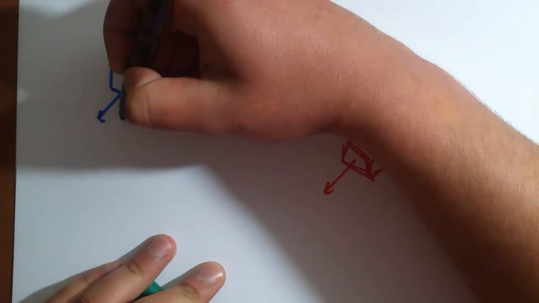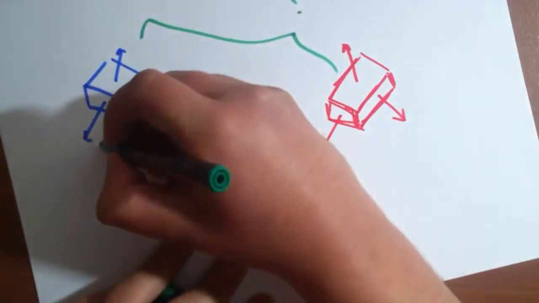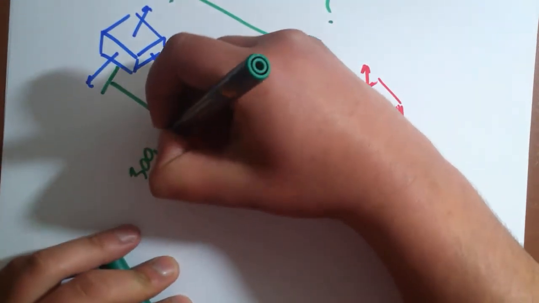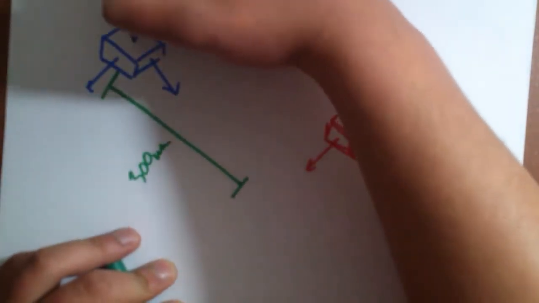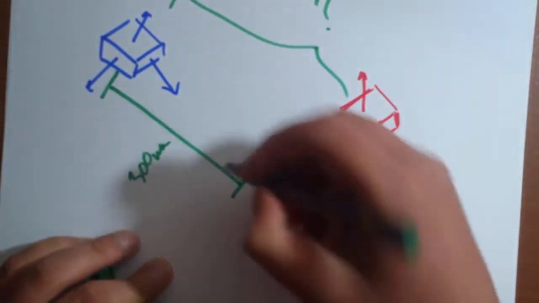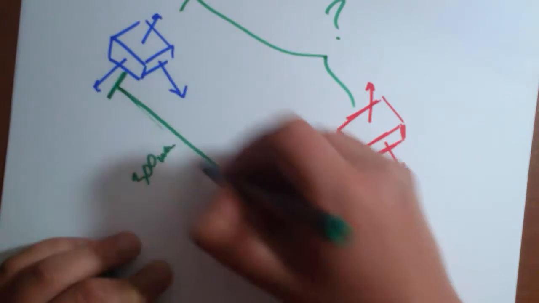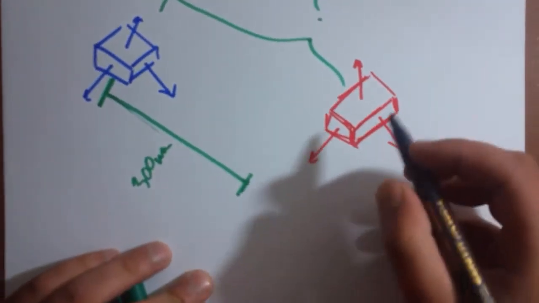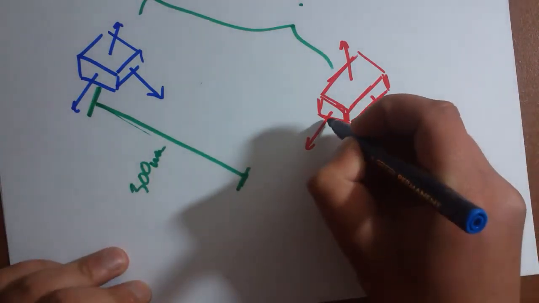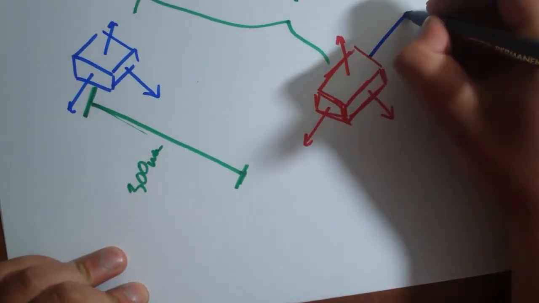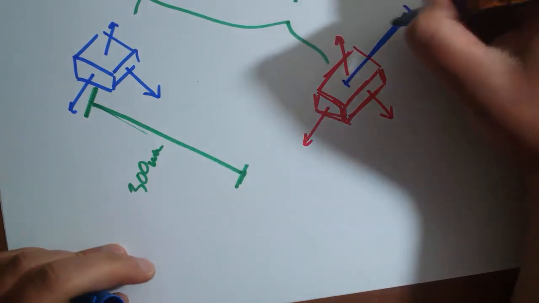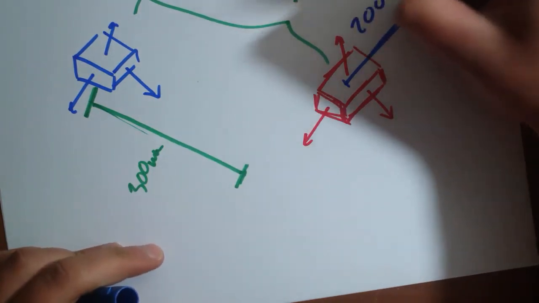I know that I have a segment of, let's say, 300 millimeters from the sensor to the end of the segment, and from this other sensor to the end of this segment there are, for instance, 200 millimeters.